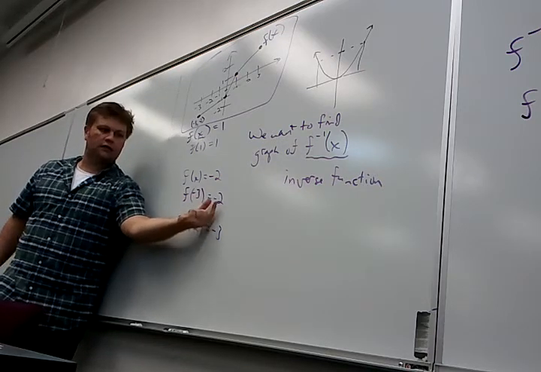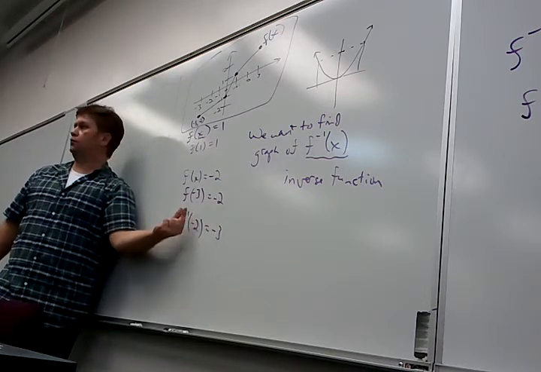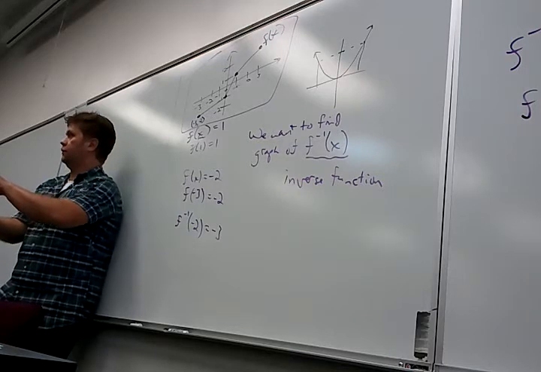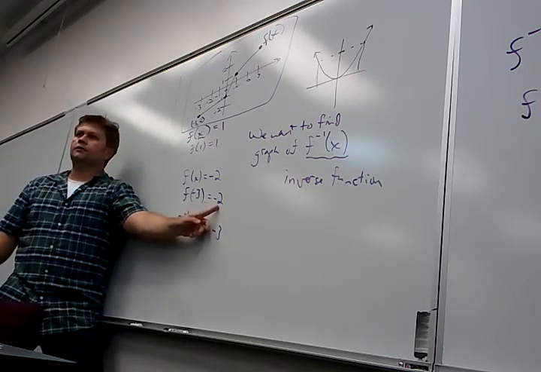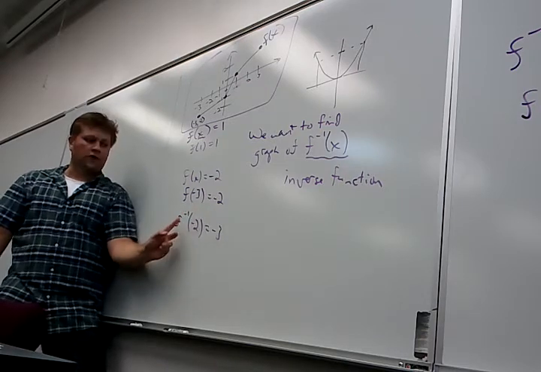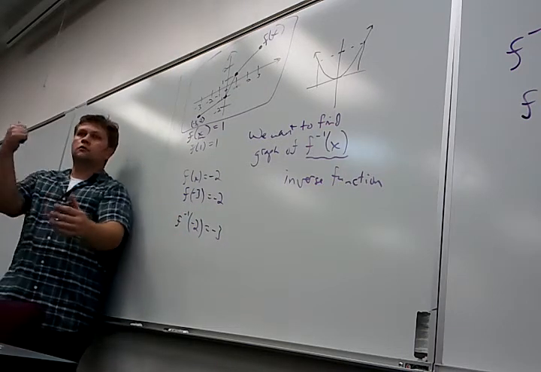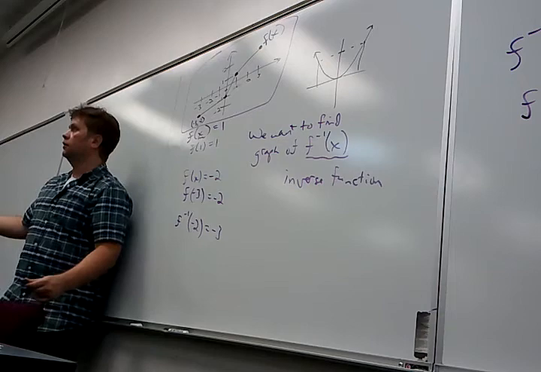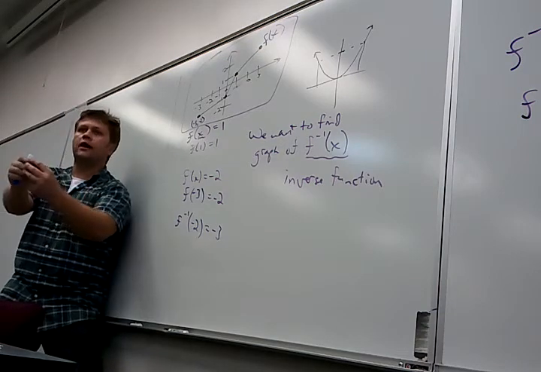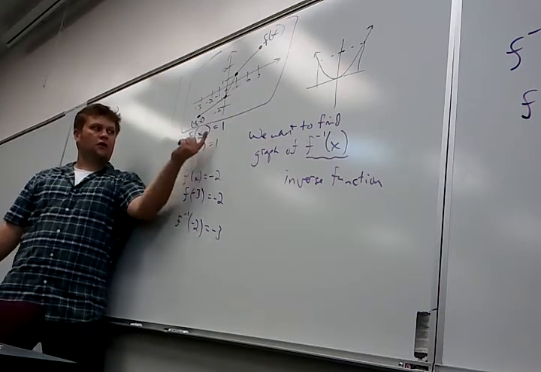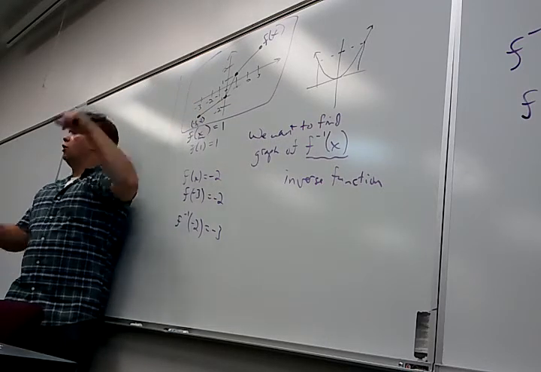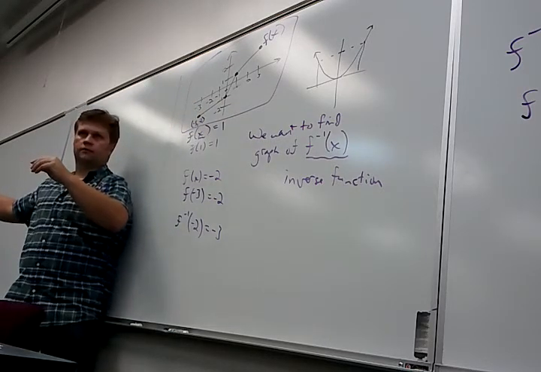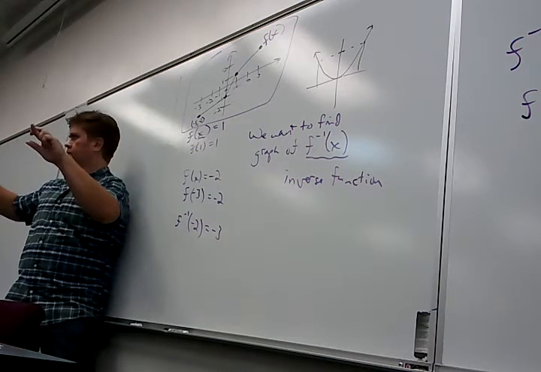It just takes the output back to the input. It undoes what was done in the first place. So what did f do to negative 3? It made it become negative 2. So what's f inverse going to do to negative 2? Take it back to negative 3. Why can we always find a way back? Because this function passed the horizontal line test. I can always find a way back. You with me? So far, semi with me?